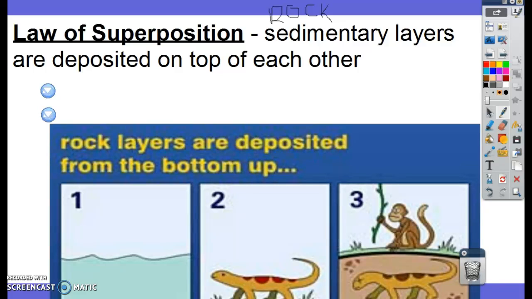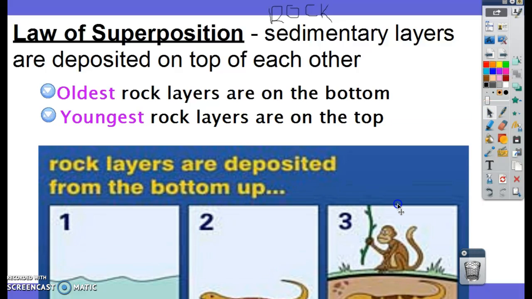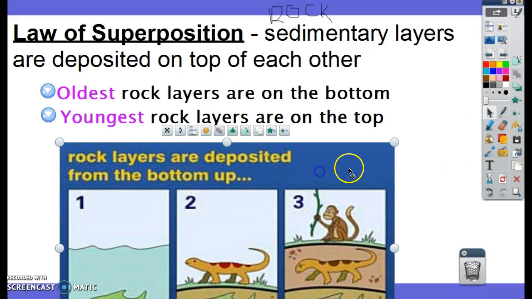And if they're laid one on top of each other, we know that the oldest rocks are going to be found on the bottom, and the youngest ones are going to be found on the top. So the oldest layers are on the bottom, the youngest ones are on the top.